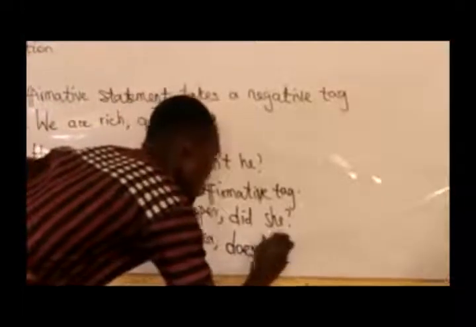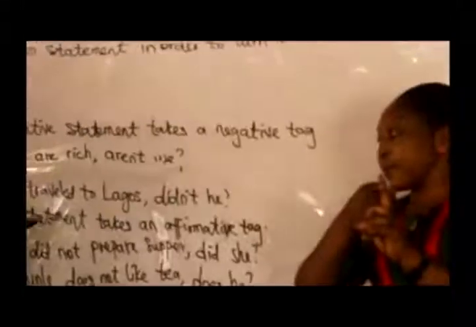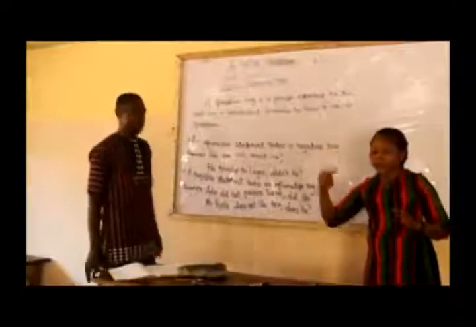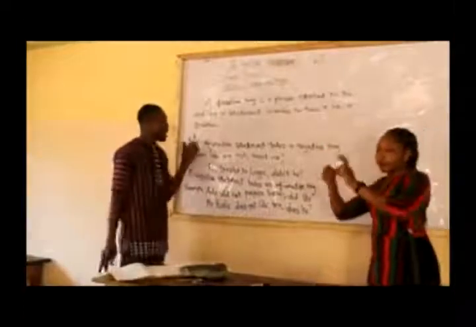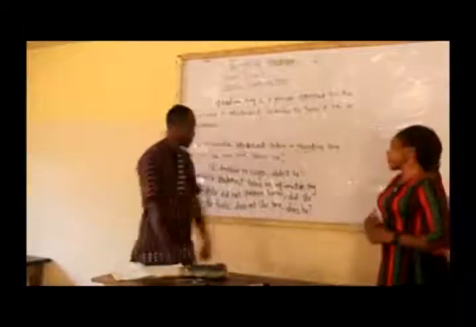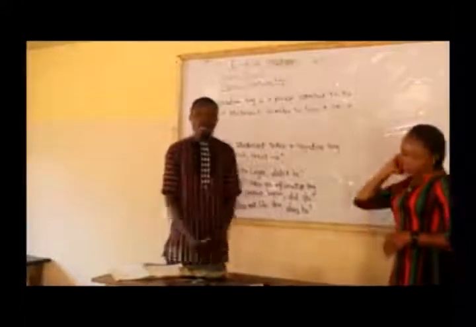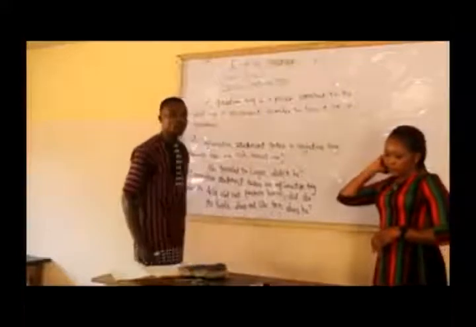Does he? Positive statements take a negative tag. Negative statements take a positive tag. Or what we call an affirmative statement to a negative tag, a negative statement to an affirmative tag.